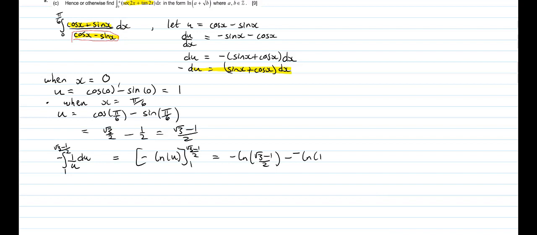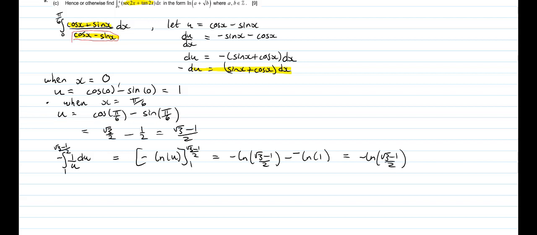We're going to get negative natural log of u, with our limits of integration root 3 minus 1 over 2 and 1. Plugging in root 3 minus 1 over 2 first, we get negative natural log of root 3 minus 1 over 2, minus natural log of 1, and natural log of 1 is just 0, so we get negative natural log of root 3 minus 1 over 2.